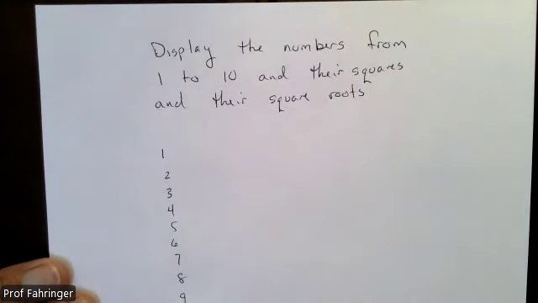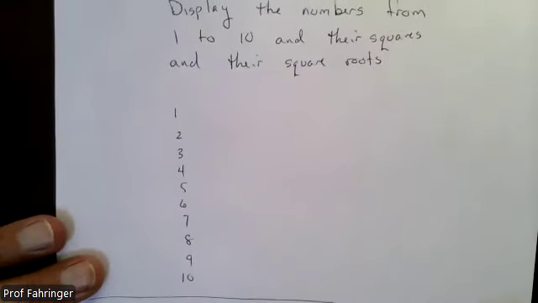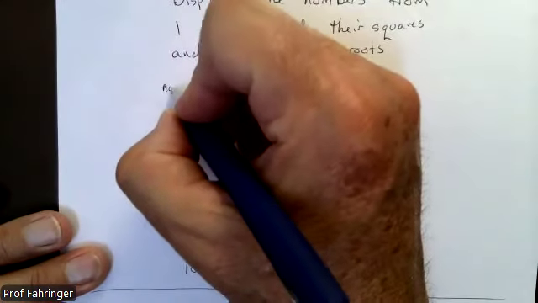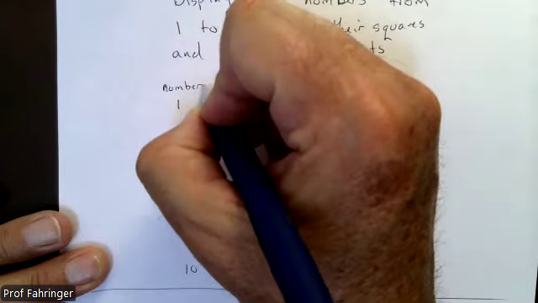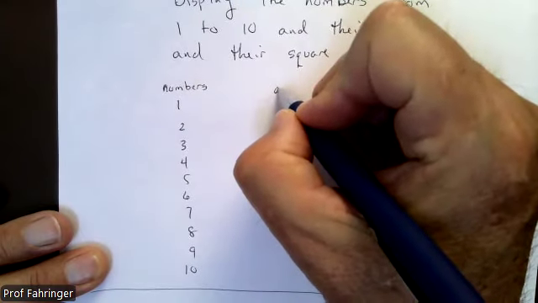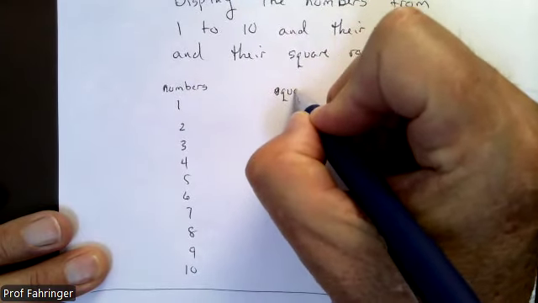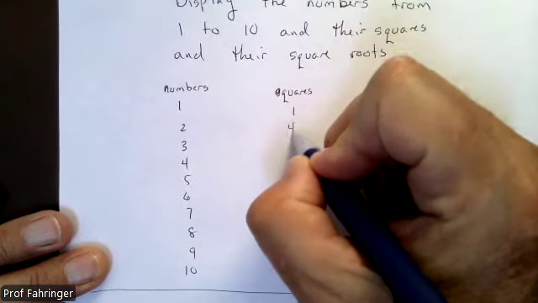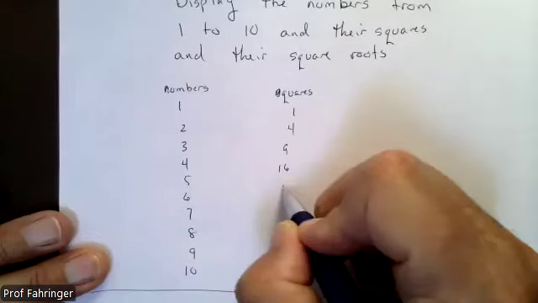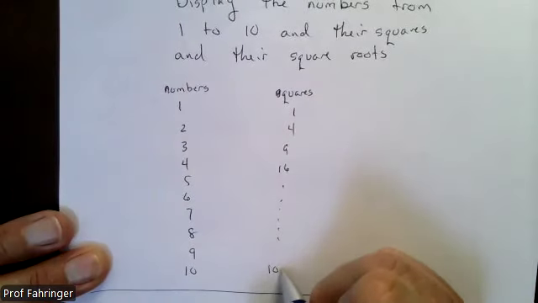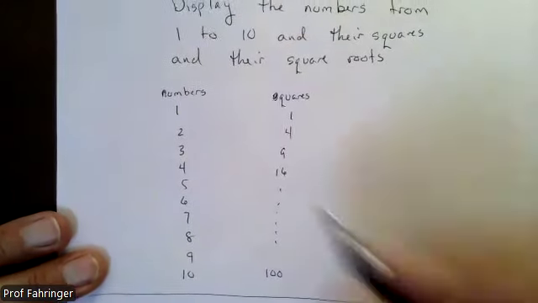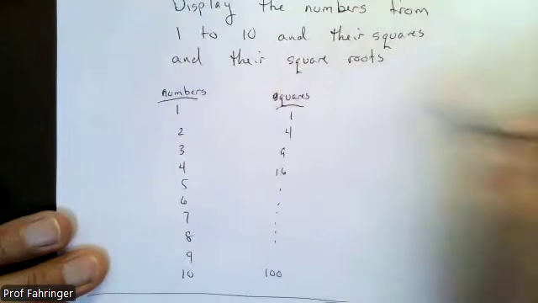Definitely going to be a loop. I might even put a title up here, numbers. I want to put their squares: 1, 4, 9, 16, all the way to 100. I might want to underline these.